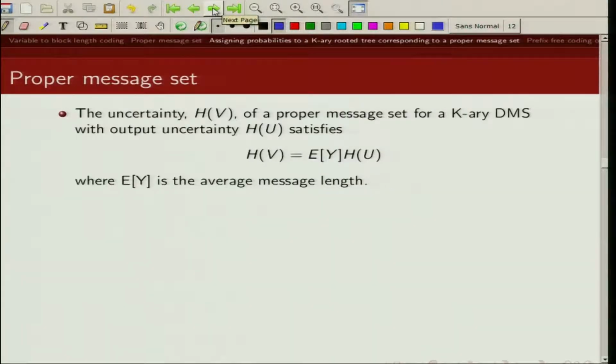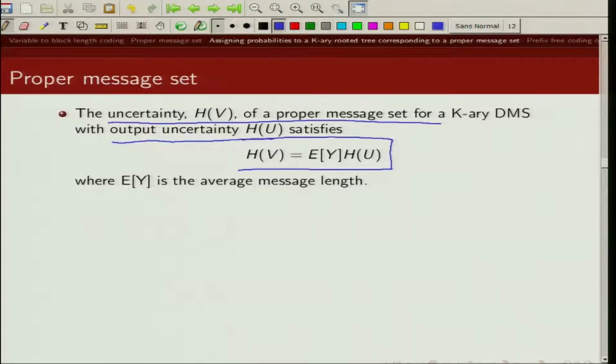Now, we are going to show that the uncertainty of a proper message set, which we are denoting by H of Y, of a query discrete memoryless source with output uncertainty U satisfies this relationship.